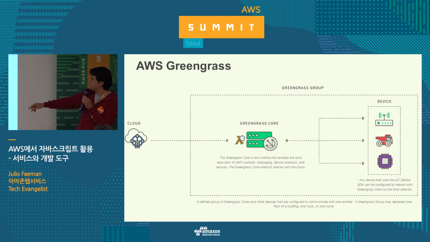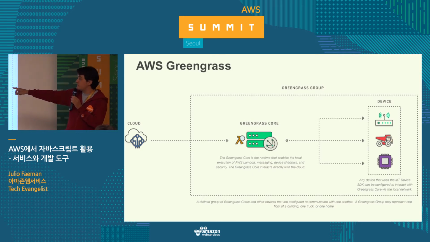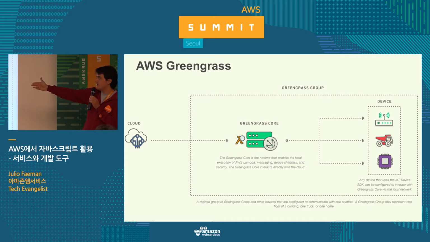So the devices can talk to a new service called Greengrass, and Greengrass can execute Lambda functions and manage device state locally on your network before shipping it to the cloud. This would work even if you don't have a stable internet connection.